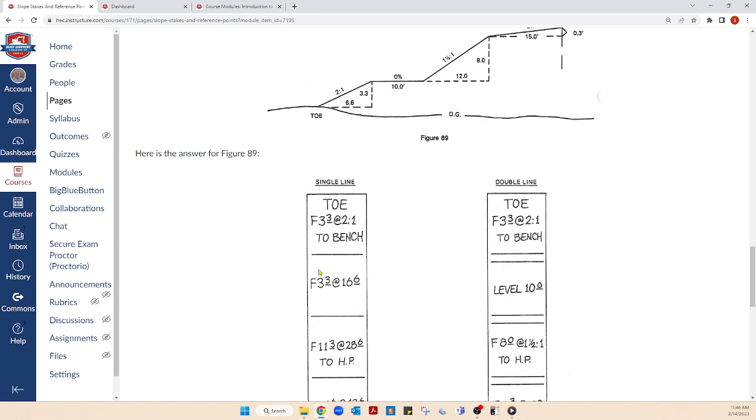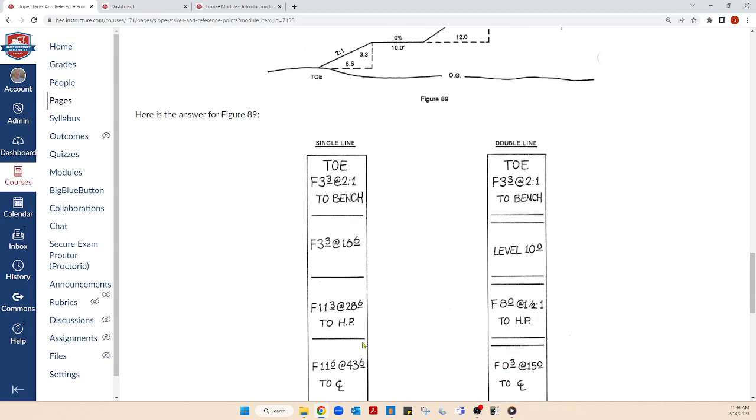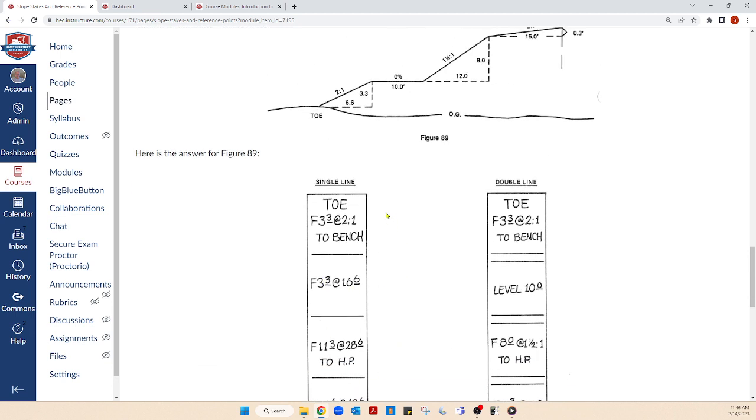Over here, it doesn't have an end point. It just says fill 3.3 at 16. Well, what's that going to do? Here is fill 3.3 at 16. Can we find 16? Right there.